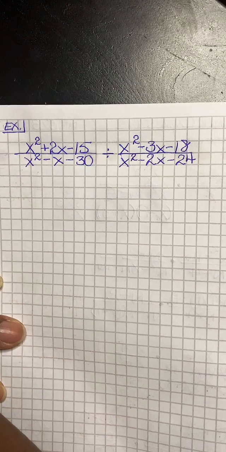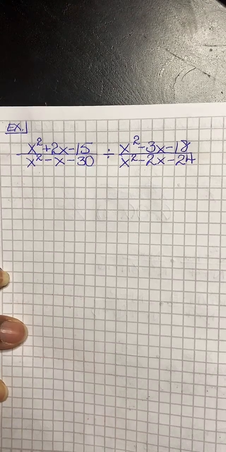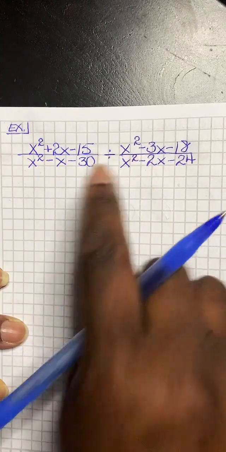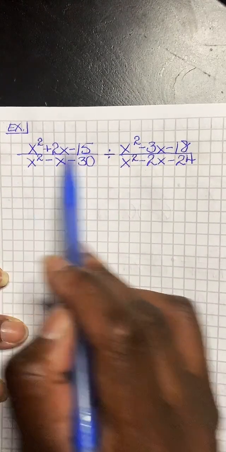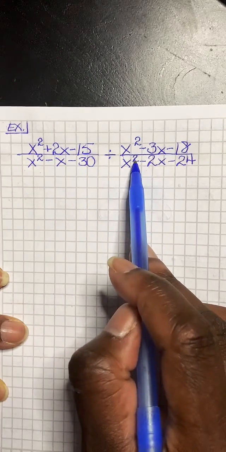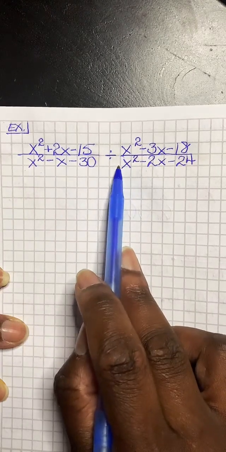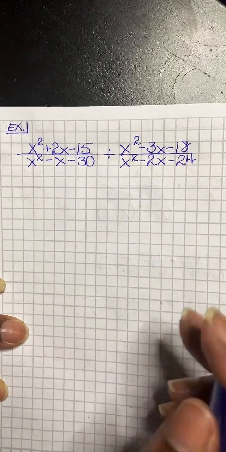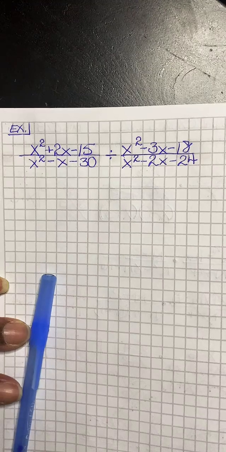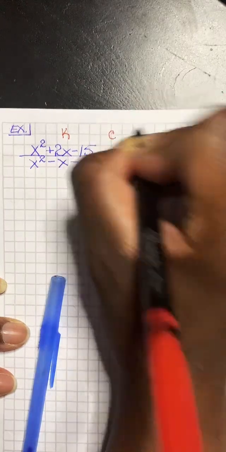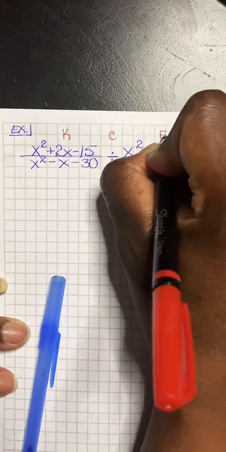Okay. All right. So, we're going to factor. If you notice, all of them have a highest degree, or an exponent, of 2. Their leading coefficients for all 4 spots are 1s. So that means I can go ahead and split my x's. But remember, we're going to keep, change, flip.